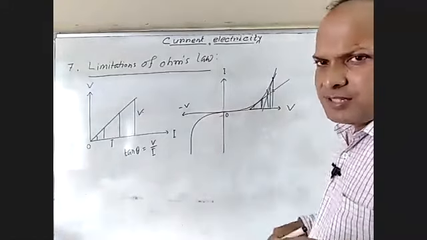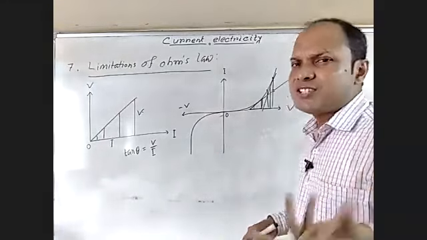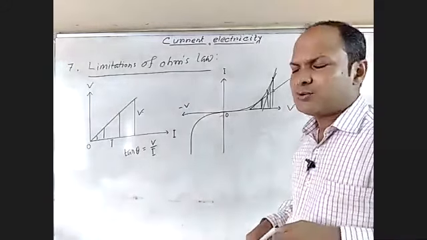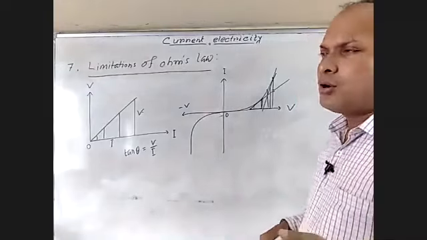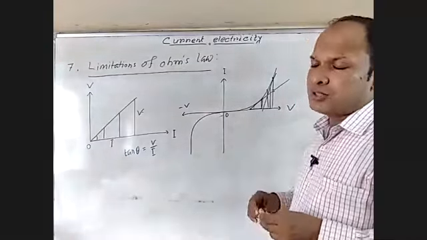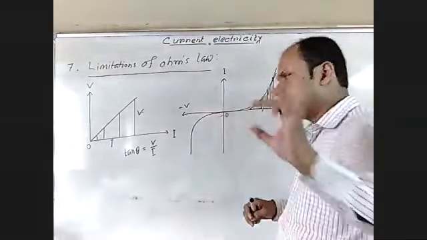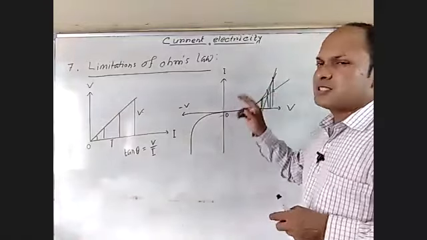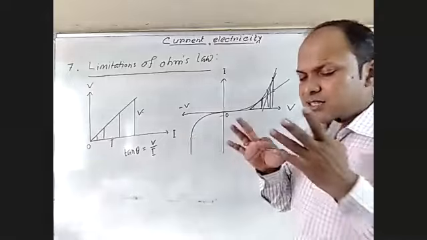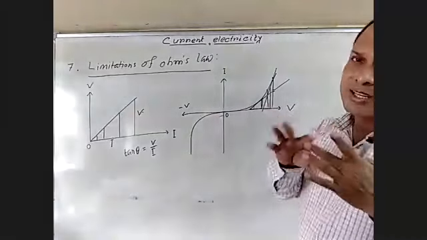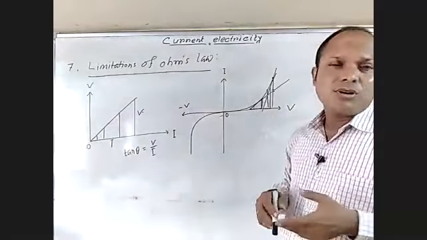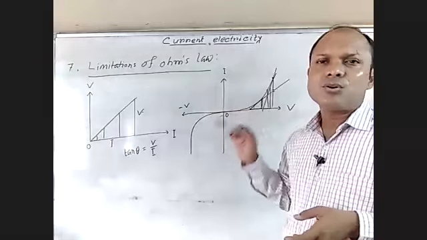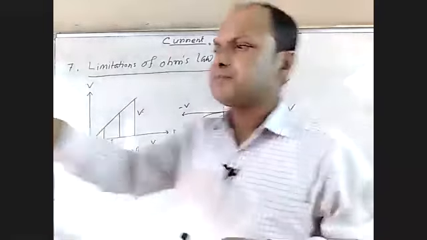The resistance of a substance whose value continuously changes with the application of the external potential difference, with the application of the external field, is called dynamic resistance. All semiconductors, silicon, germanium, semiconductor compounds, carbon, these are non-ohmic substances. Clear?